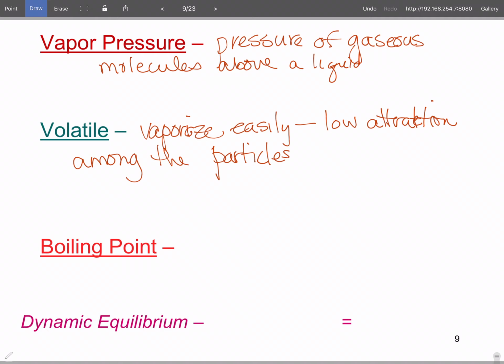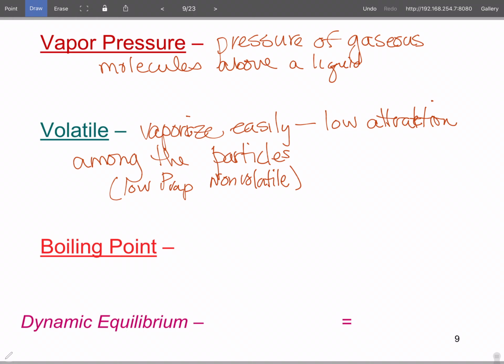Okay? So a low vapor pressure would be a non-volatile substance. We're going to use this phrase later, but basically non-volatile means that it's not going to vaporize at all. Things like sugar tend to be non-volatile because, yeah, leave them in the pantry, they're still there ages from now.